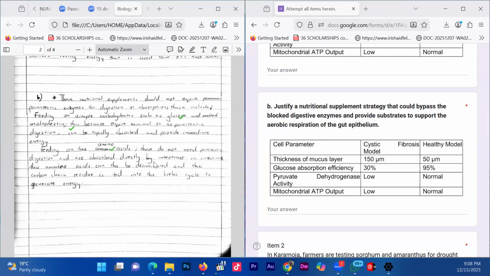So basically here your focus should be on the end products of digestion. All the end products of digestion. Apart from amino acids, we also have fatty acids.